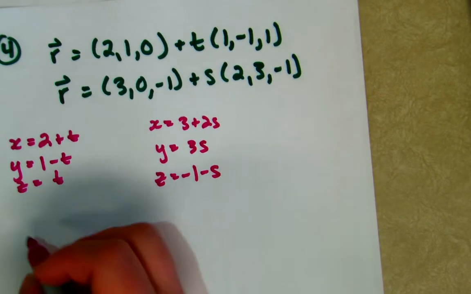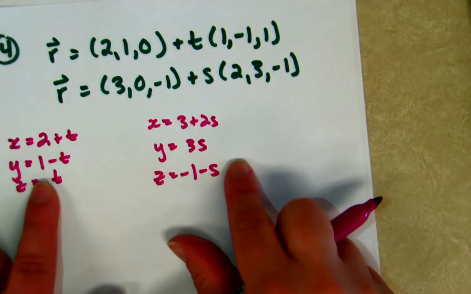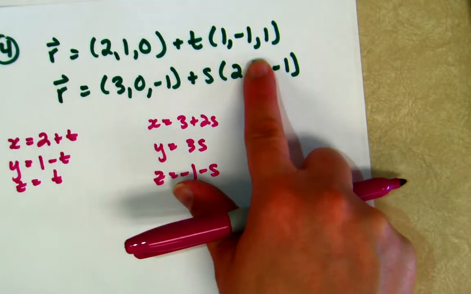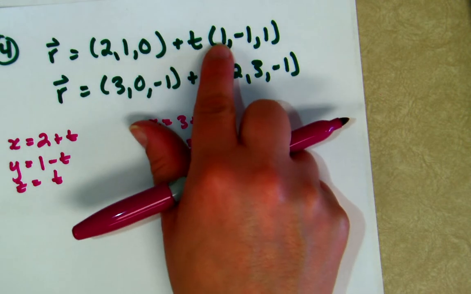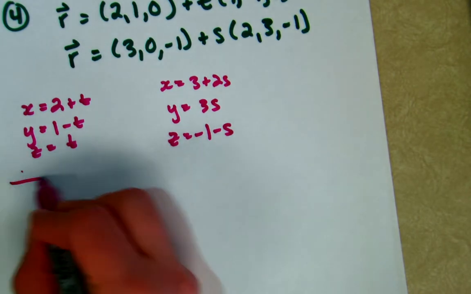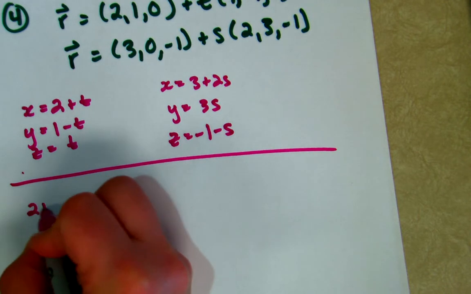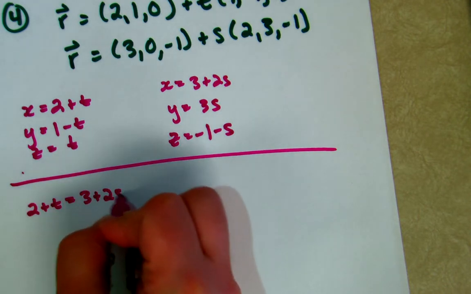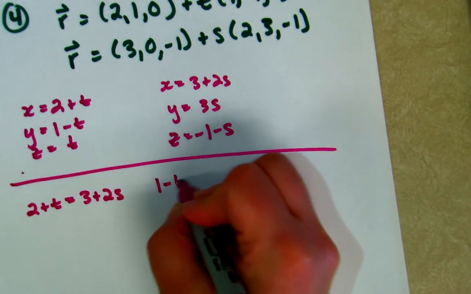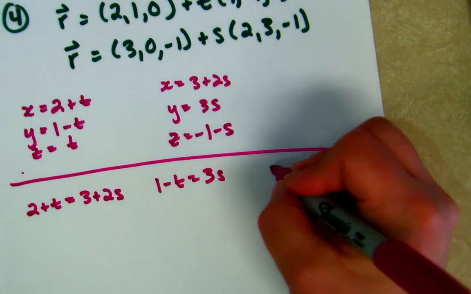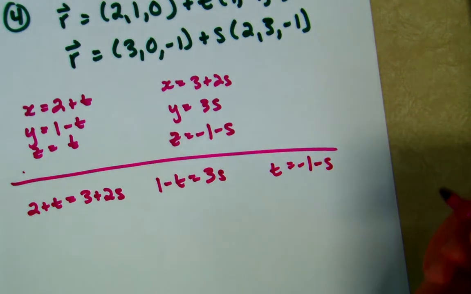And then I'm going to put them equal to each other. Now, some people skip this and they go right from here and say 2 plus 1t has to equal 3 plus 2s. That's fine, whatever you're comfortable with. So 2 plus t equals 3 plus 2s, 1 minus t equals 3s, and t equals negative 1 minus s.